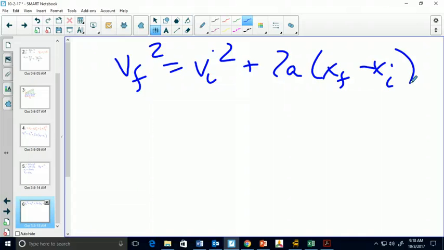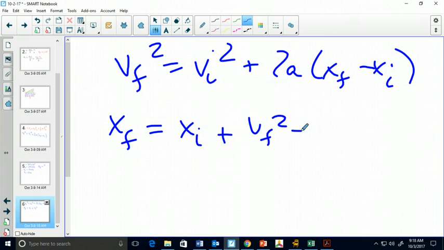And I would say if you're uncomfortable doing that, you should come see me. We should spend some time with that. They show you it there, that we can solve that thing for xf equals xi plus, excuse me, vf squared minus vi squared all over 2a.